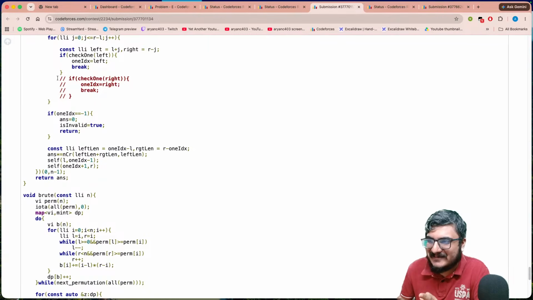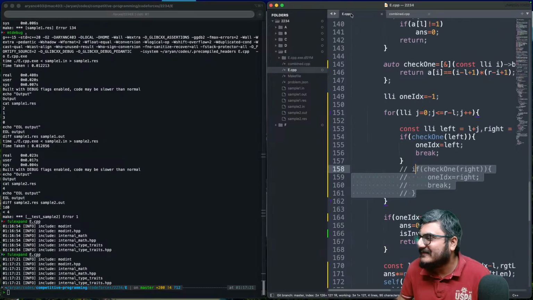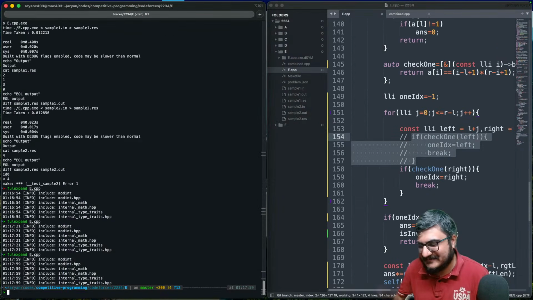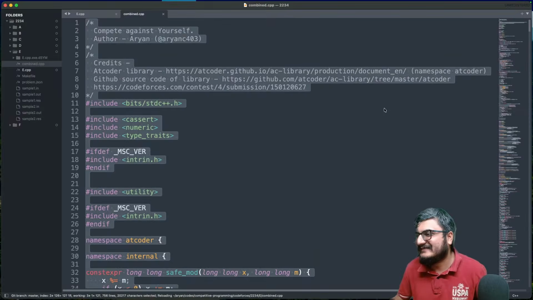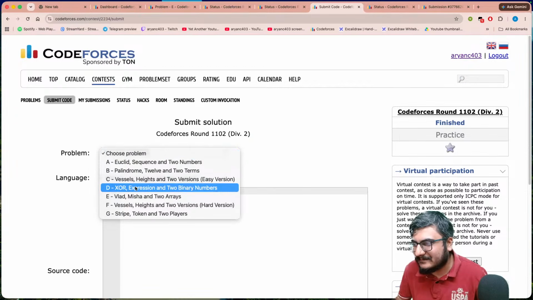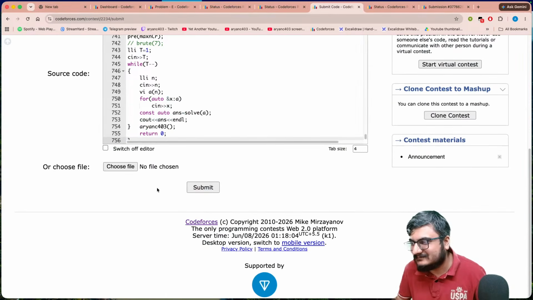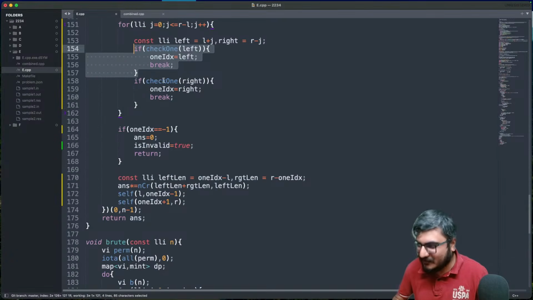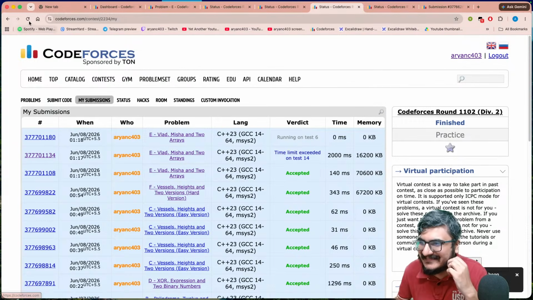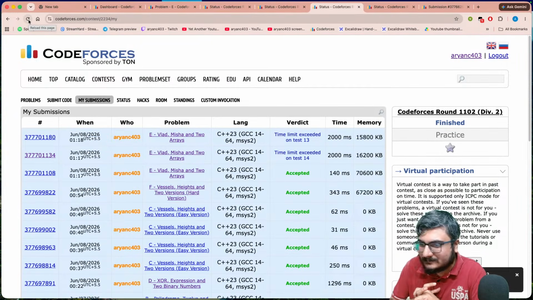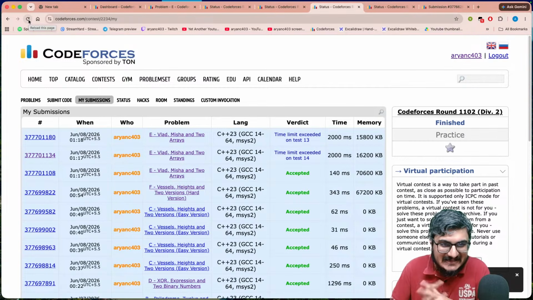I commented out one part, only left side, this is TLE. Let's go only from the right side. This is again a TLE. But if I go through both of them, it's an AC. So this actually solves the problem.